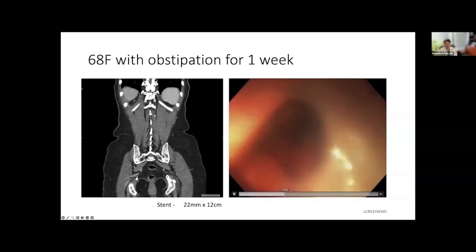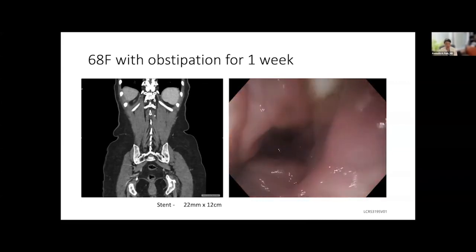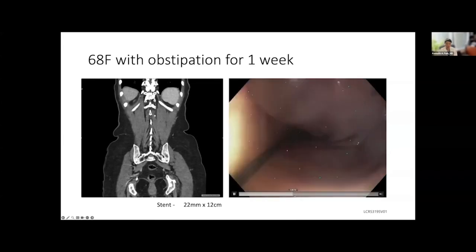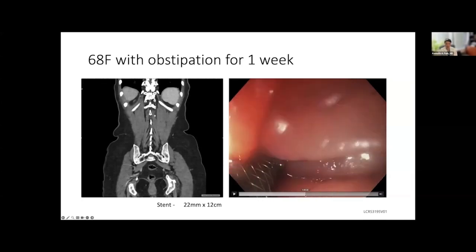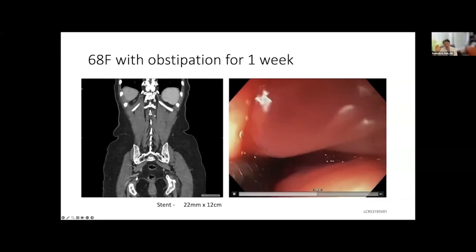Yes, there is no intrinsic tumor, but once you confirm that the patient had already GYN type cancer and it's extrinsic compression, you are able to place a colonic stent. And for this patient, it was more for palliation. Again, place the wire.